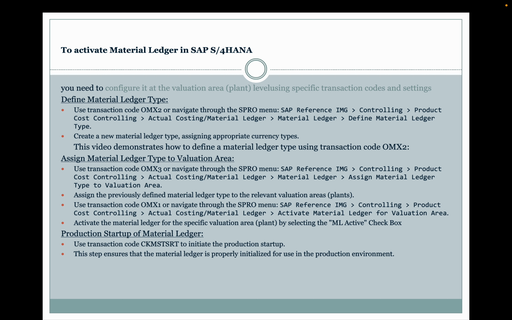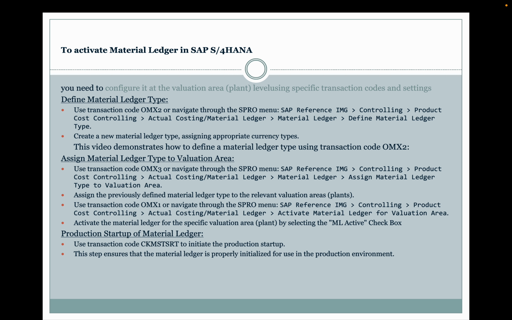So what exactly is the material ledger? It is nothing but costing at component level. Say this material is used in multiple currencies, with multiple suppliers we are buying from, or multiple different countries where we are producing. It will give the value at each currency level.